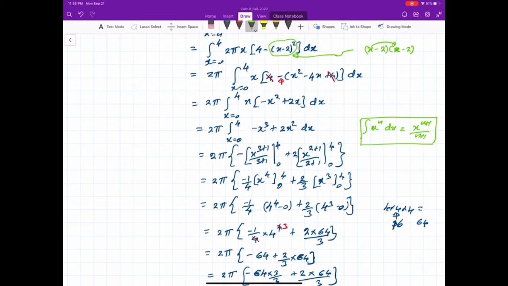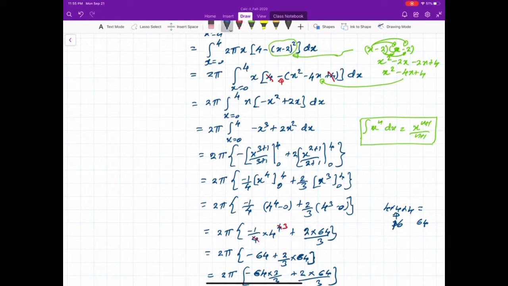You multiply x with x, that is x squared. Then x with minus 2, minus 2x, and 2 with x, minus 2x, and minus 2 with minus 2, plus 4. So it is x to the power 2 minus 4x plus 4. That should be right here. That's a typo, I'm sorry about that.